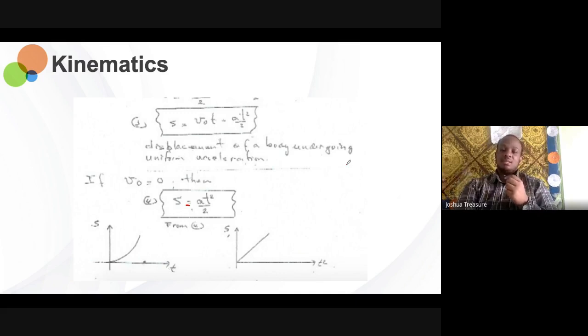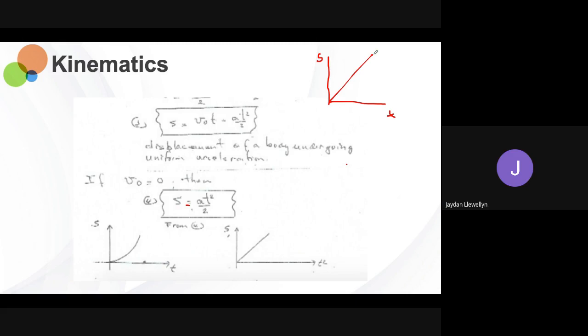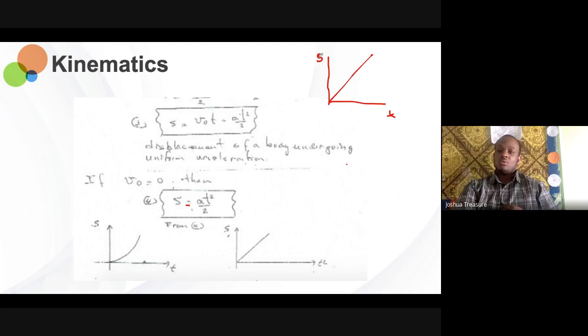Now you can see here from a displacement versus time graph, right? What does this straight line indicate? Constant what? Velocity. Exactly. So on a displacement time graph, it is velocity.